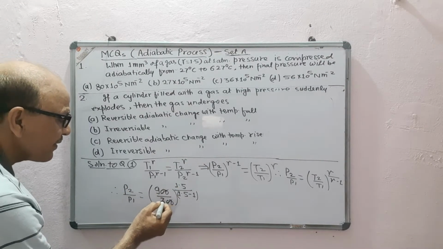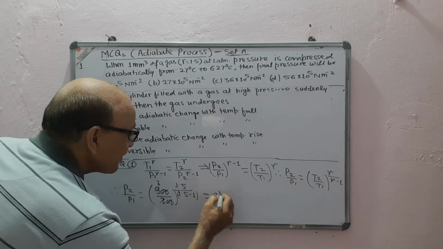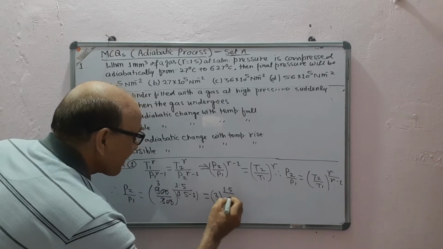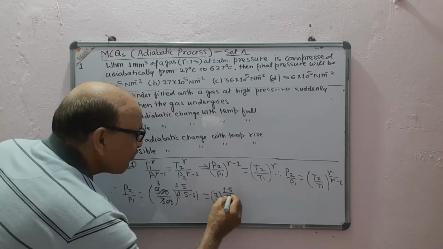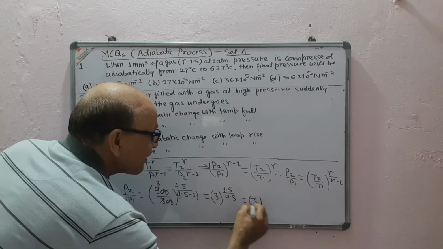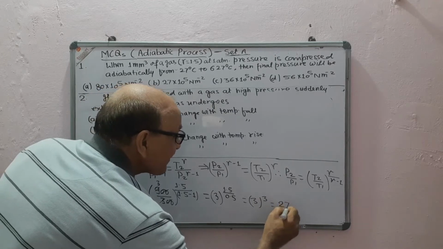So this is 3 to the power 1.5 upon 0.5, means 3 to the power 3, which is 27.